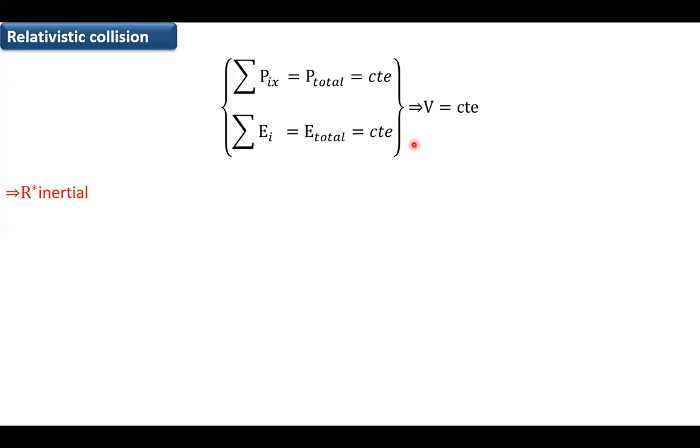So V, the speed of R star with respect to R, is a constant quantity. So R star is an inertial frame, which we can use in the study of our collision problems.